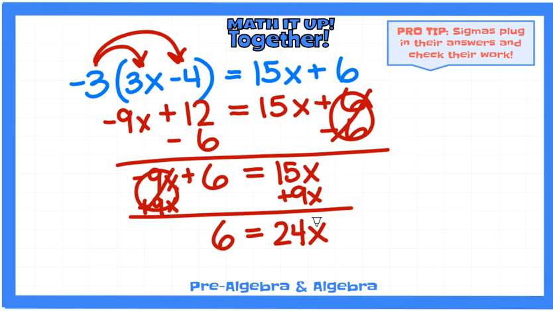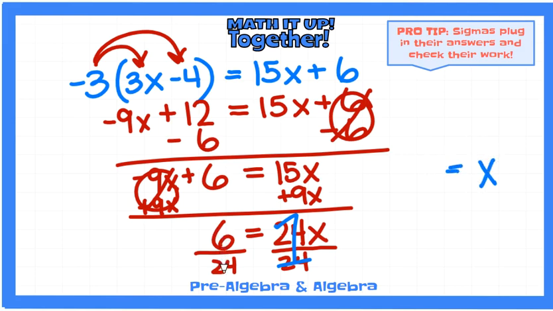And now I have one more job to do, which is to get x by itself, one whole positive x by itself over here, which means I have to turn that 24 into a 1. And the way to do that is to divide by a 24. 24 over 24 is 1. I'm going to move over here, which leaves me just 1x.